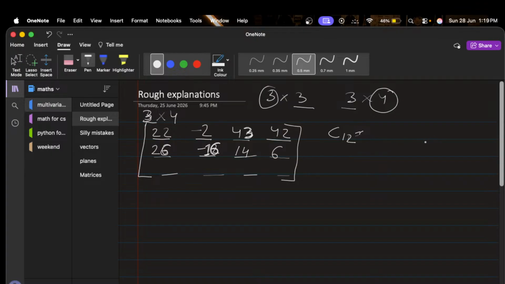Let me just recalculate it. Minus 12, minus 12, minus 15, so minus 27, minus 8, so we just have to do this, 9. Yeah, comes out to be 9.